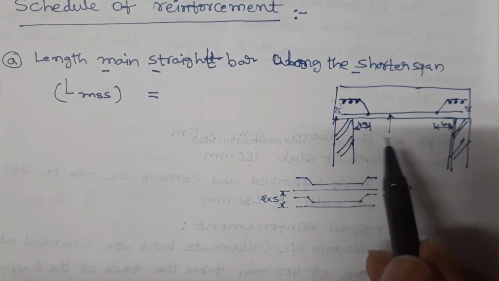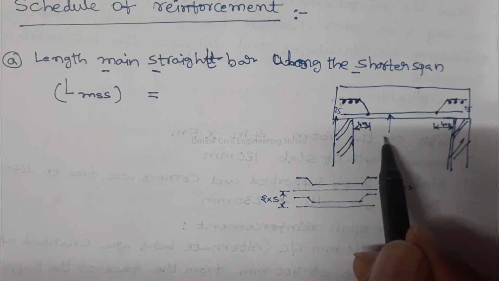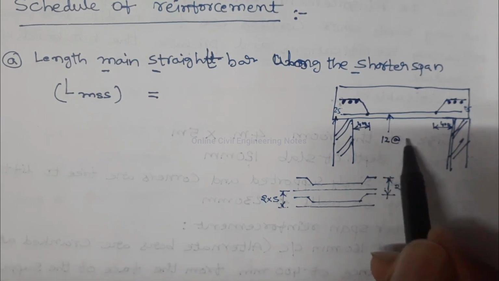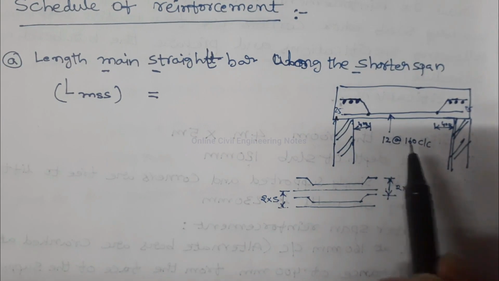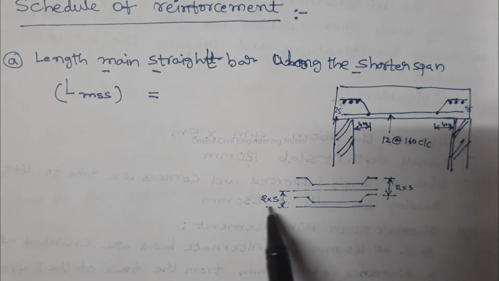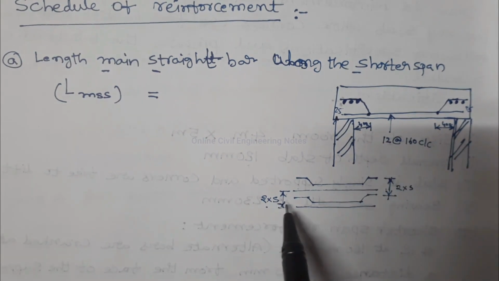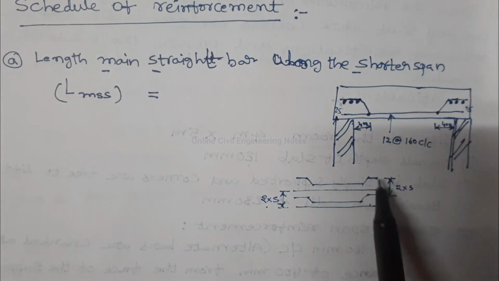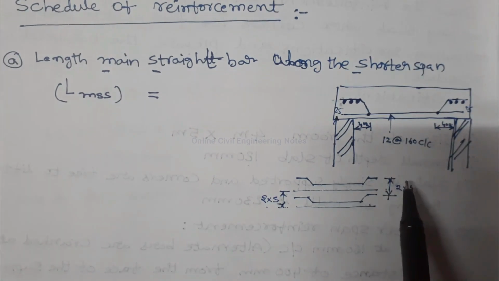Main diameter of straight bar is 12 mm at 160 center to center, but we have to provide 2 into 160, 320 mm. Similarly, for alternate cranked bars, the spacing is 2 into 160, 320 mm.